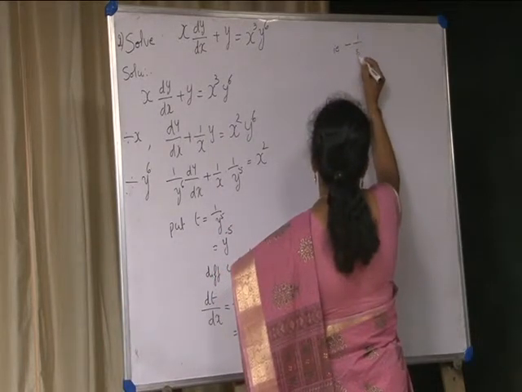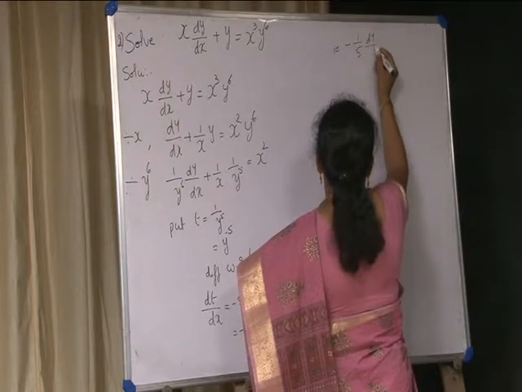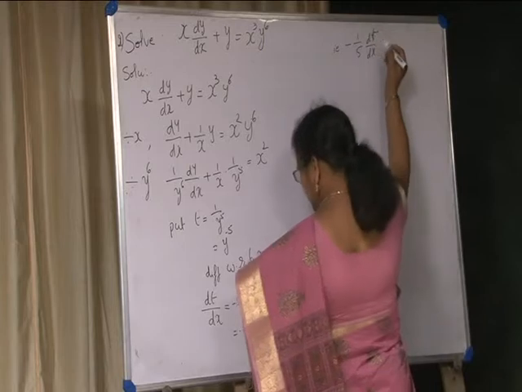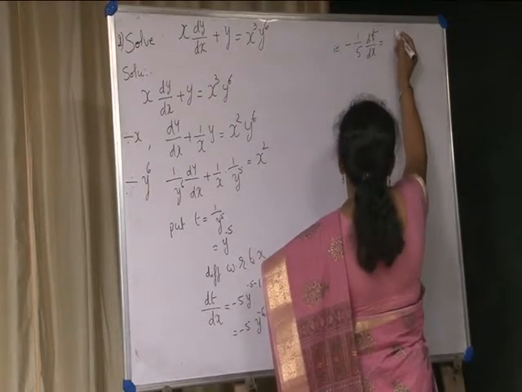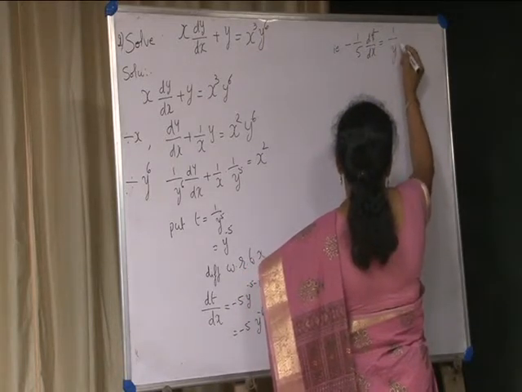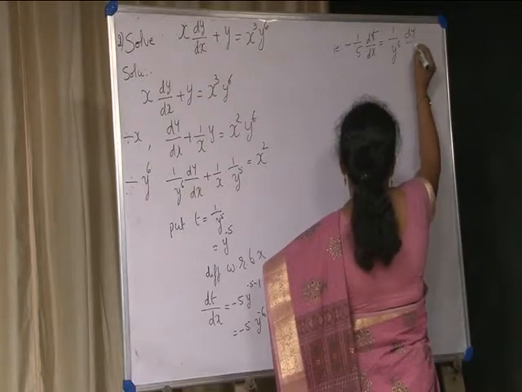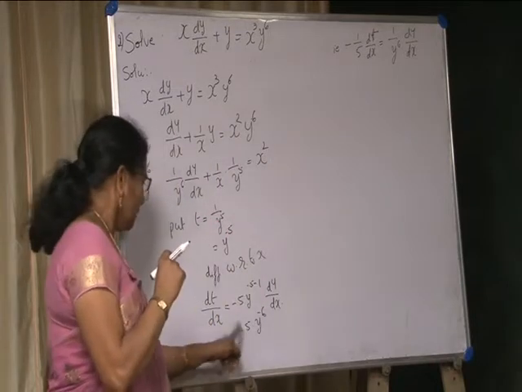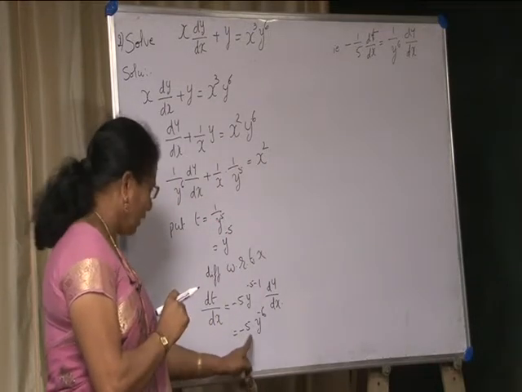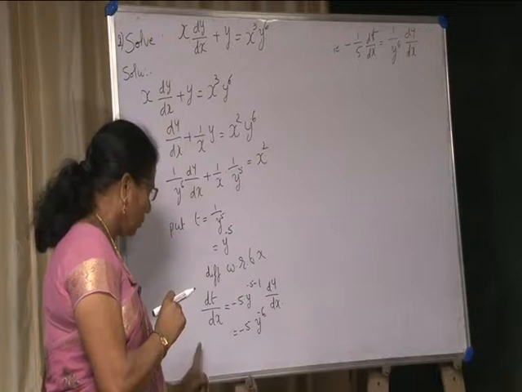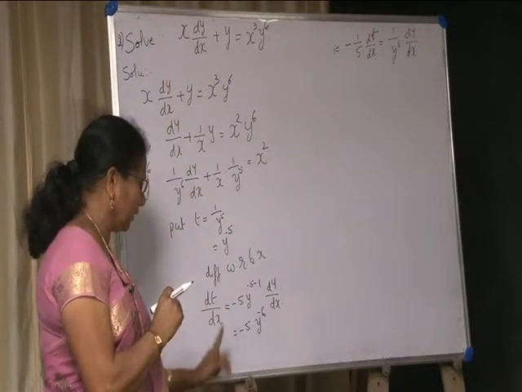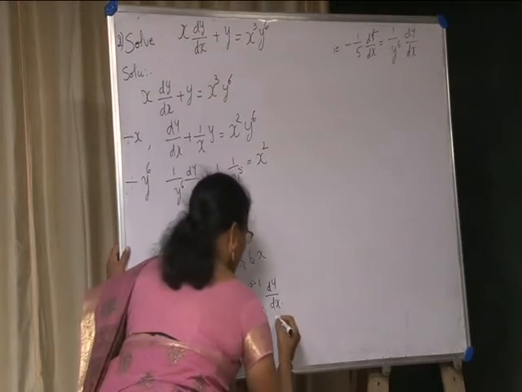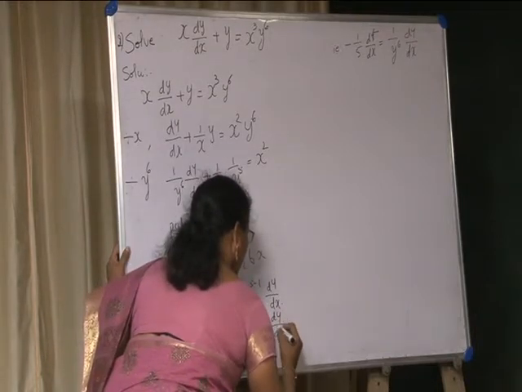That is, dt by dx is equal to minus 5 y to the power of minus 6 dy by dx. Look here friends, I have taken the minus to this side and 5 in the denominator. So, minus 1 over 5 dt by dx is equal to y to the power of minus 6 into dy by dx.